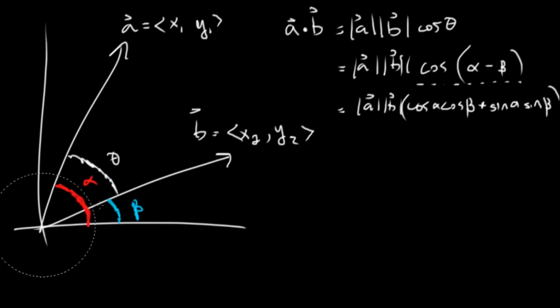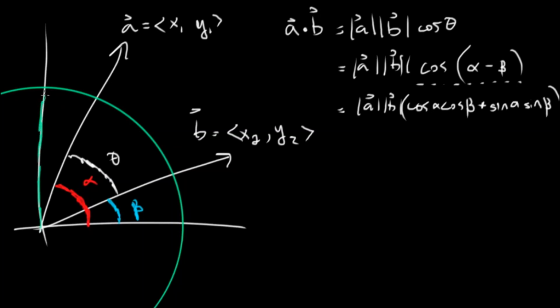So I'm going to go ahead and give myself a unit circle. This thing is going to have a radius 1. This coordinate right here is cosine alpha comma sine alpha.